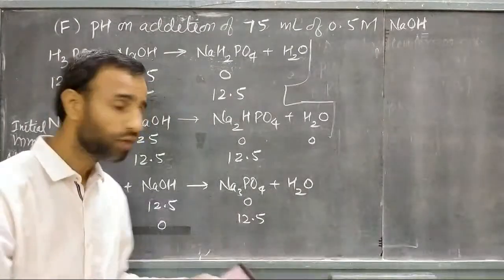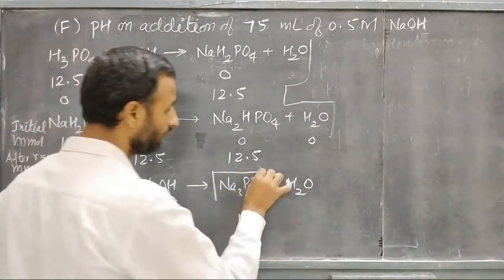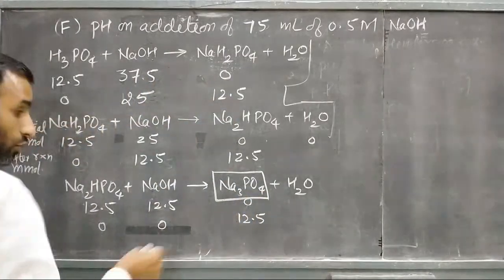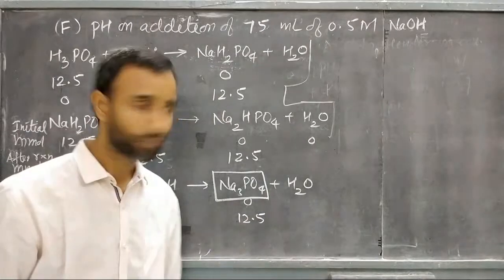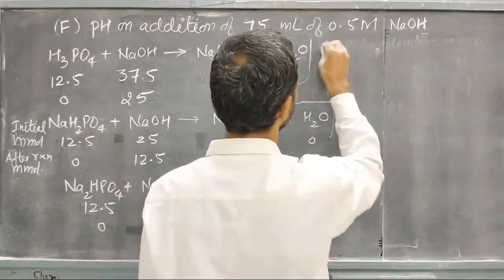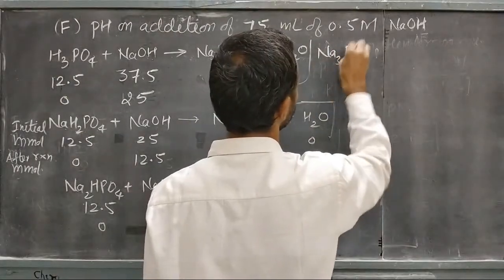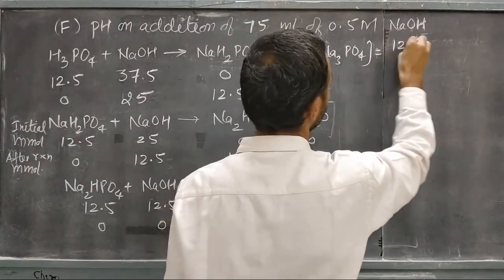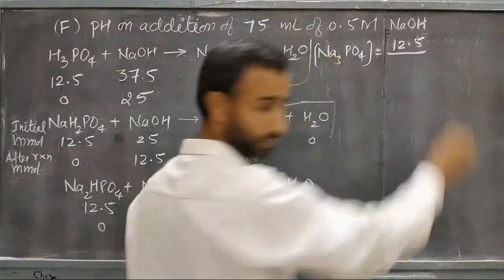So now we have only sodium phosphate. Okay, so millimoles are 12.5. So sodium phosphate concentration is equal to number of millimoles over volume.